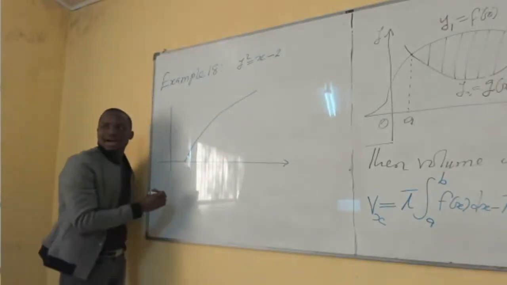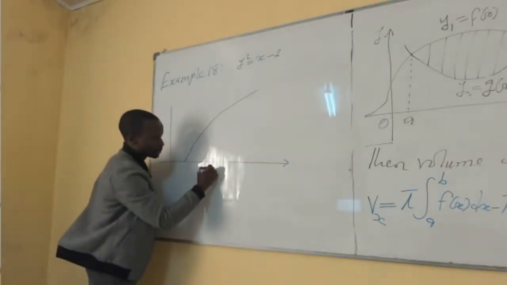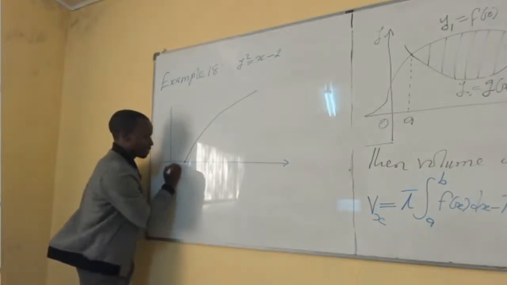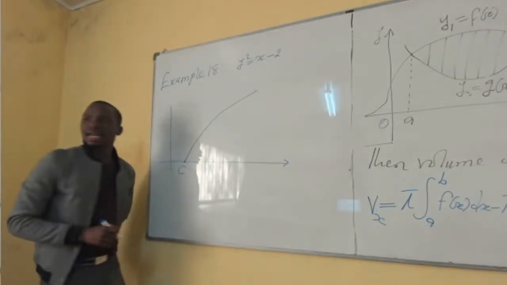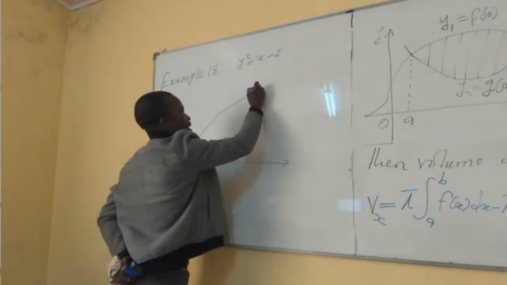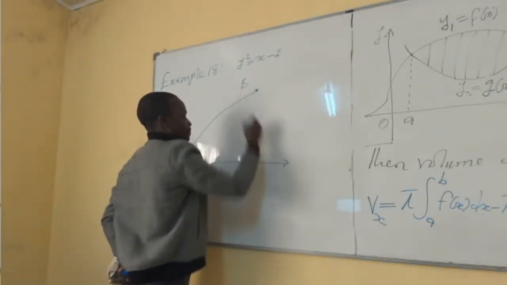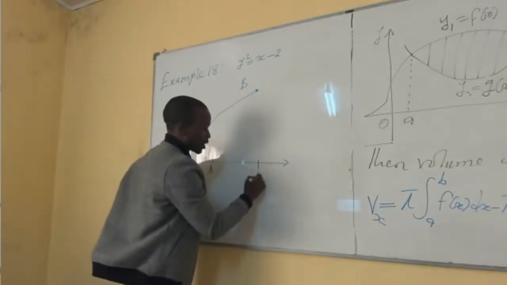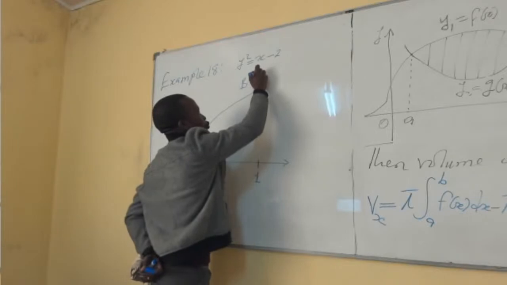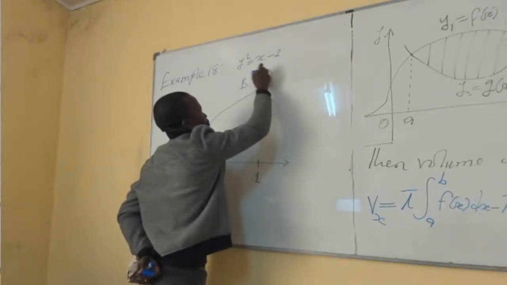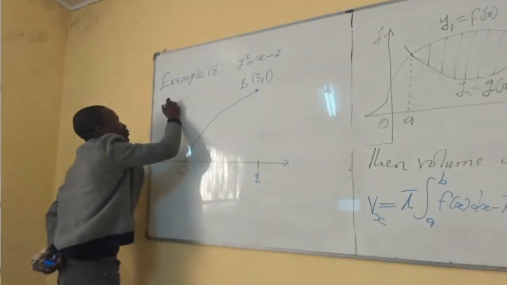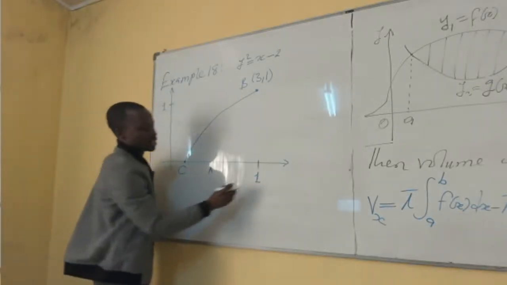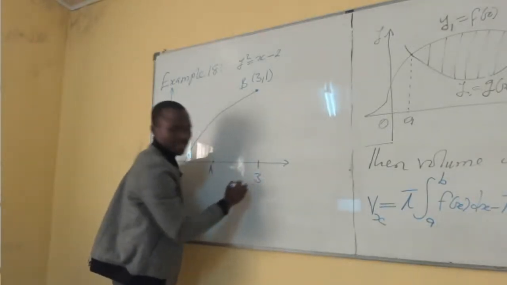Then we have a point A here, and here we have a point C, and then we have a point B here, which is the point 3, 1. So this means this side is 1, and this point is 3.